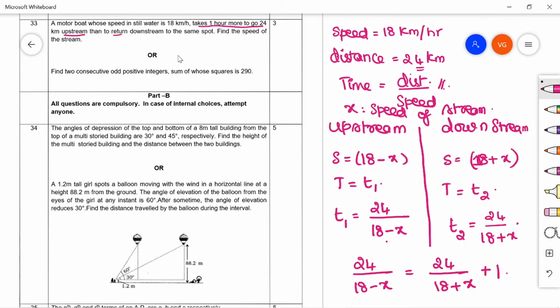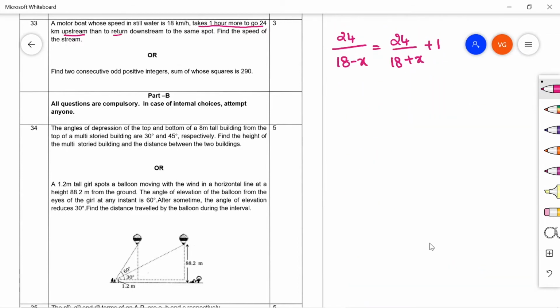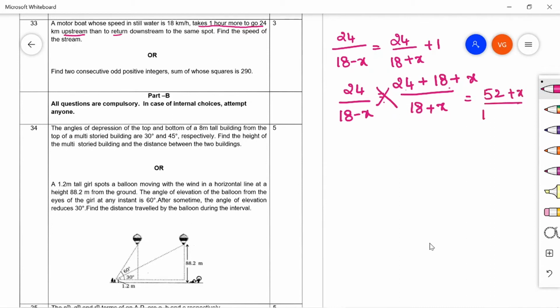So this is the required equation for us. If you solve this equation, you will get a quadratic equation. Solve that to get the speed of the stream. Let us simplify this one. Take the LCM, 18 plus x. So this will be 24 plus 18 plus x, and this is 24 divided by 18 minus x. Taking cross multiplication, here 24 plus 18 gives 42 plus x divided by 18 plus x.